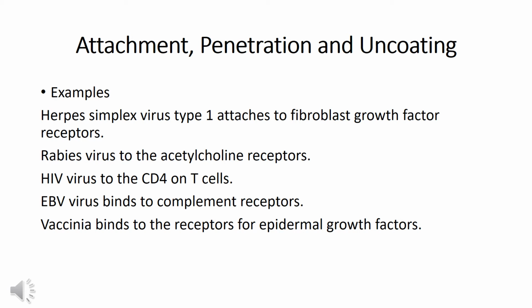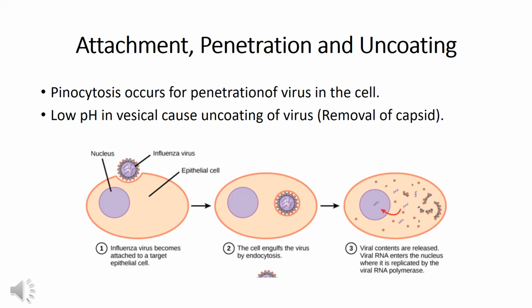We are going to deal step by step with all the important points. First of all is attachment. We have done with attachment of the virus. After attachment, you can observe in diagram number 1, a groove forms on the host cell, and after the formation of the groove, there is a phenomenon similar to phagocytosis.